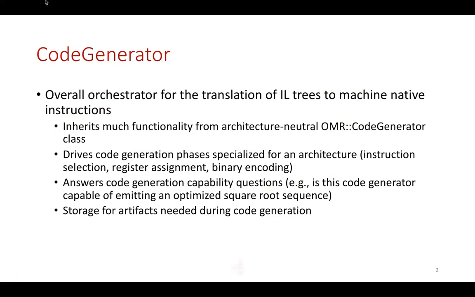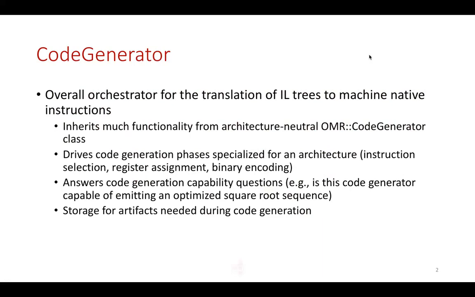This is an extensible class, by the way. But there is also a fair bit of specialization that occurs for each architecture that we're dealing with, and that's to be expected. The main purpose of the code generator class is to be the overall orchestrator for taking IL and turning it into machine instructions that can ultimately be executed on the target architecture.